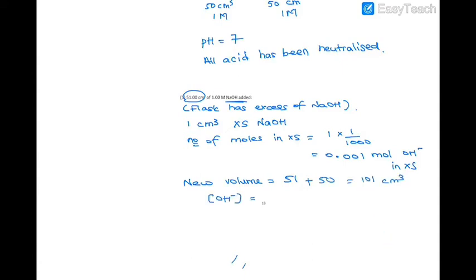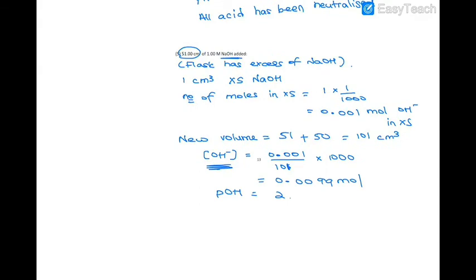So 101 cm³ of new solution, and from this we can calculate the concentration of OH minus, number of moles divided by volume, and here we can get the concentration of OH minus. From this we can get the pOH. Now from the pOH, we can get the pH is 12. So you have the excess of NaOH.